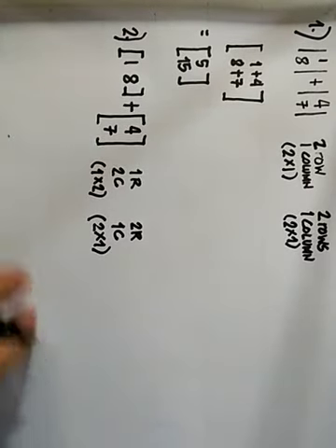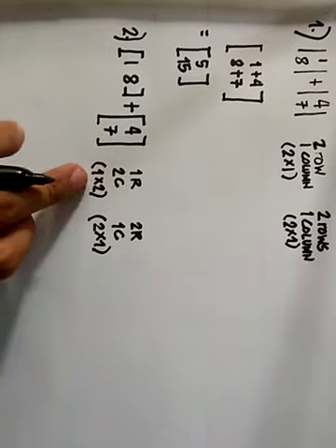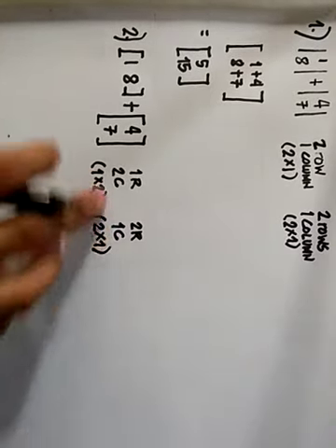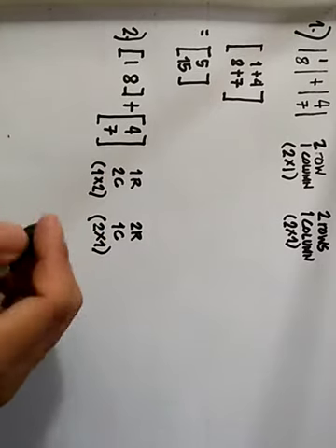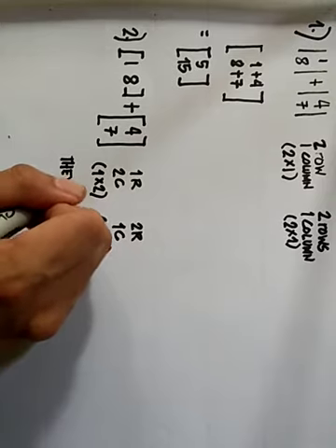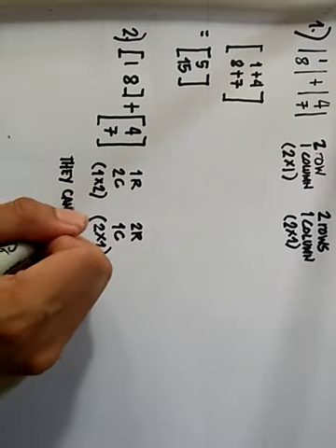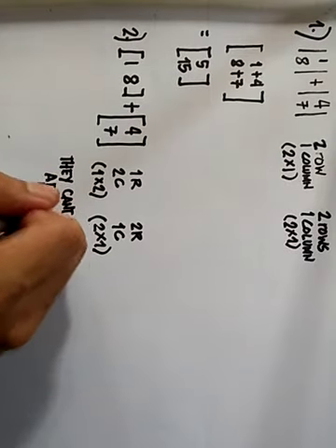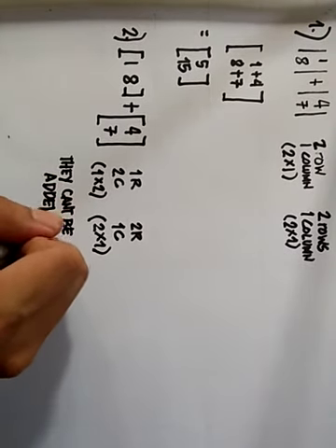So, ibig sabihin, yung order natin ng 1 by 2 and 2 by 1 is not the same. Kaya, hindi sila pwedeng ma-add. So, this matrix can't be added.